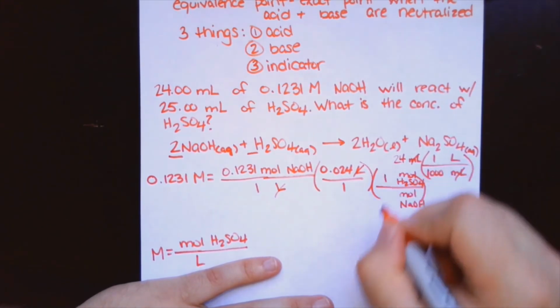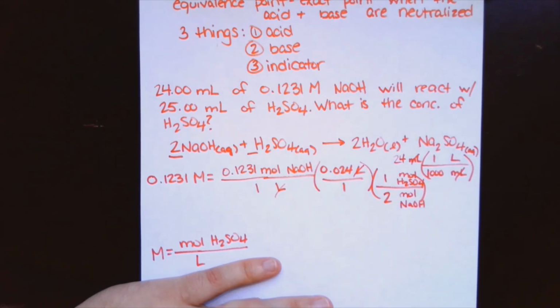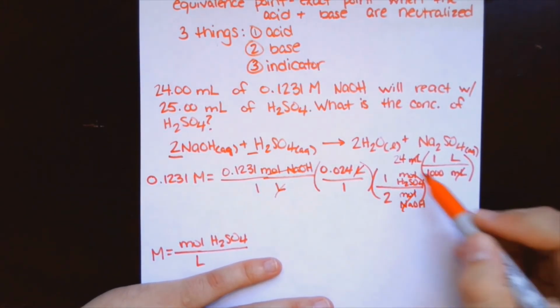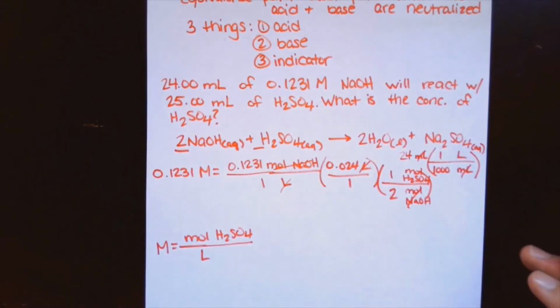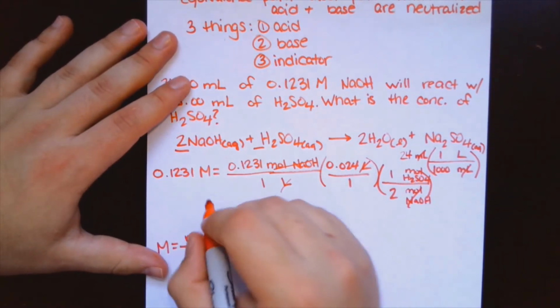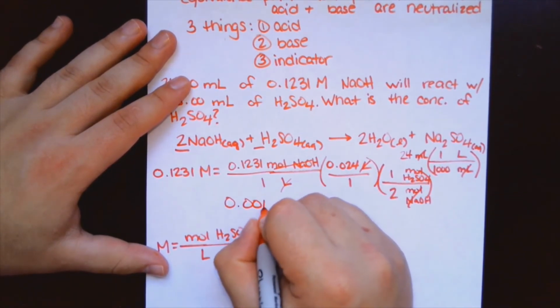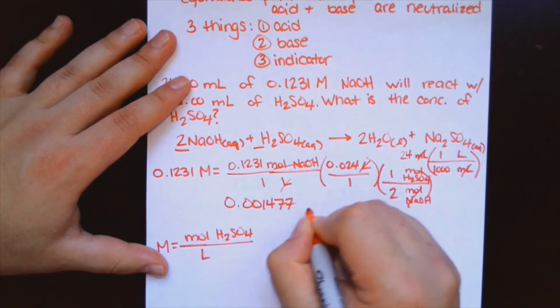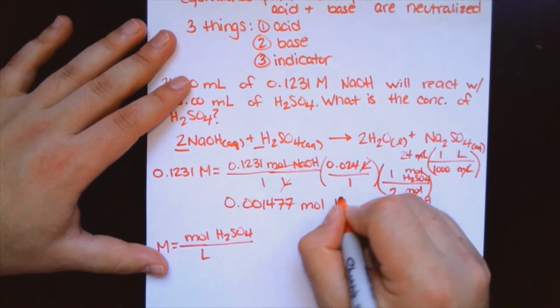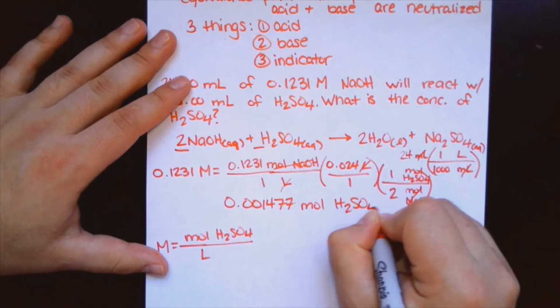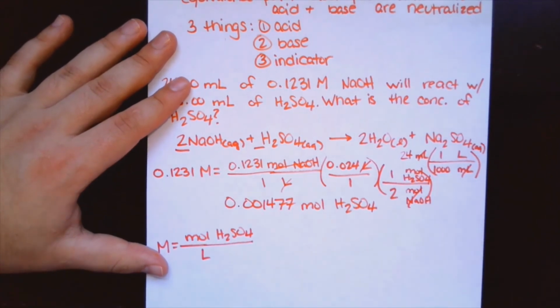And we've got 1 mole of H2SO4 for every 2 moles of NaOH. Moles of NaOH, that unit cancels out. The only unit that's left is moles of H2SO4. Right? And that's what we want. We can do that math, and when we do, we get an answer of 0.001477 moles of H2SO4. And we haven't finished our calculations yet, so you don't need to worry too much about sig figs yet.